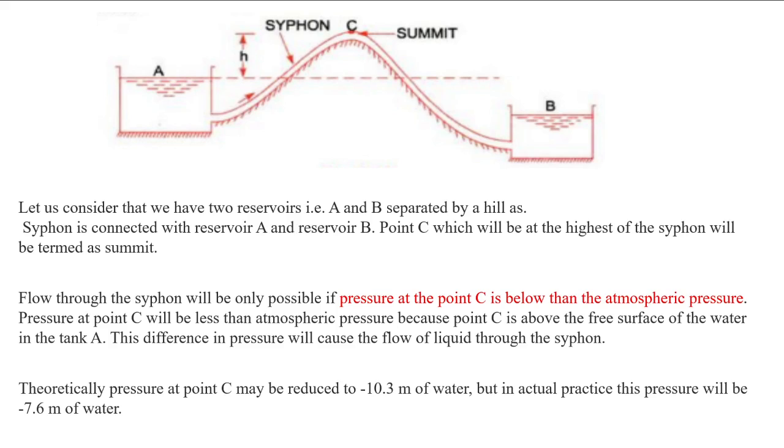Okay, so this reservoir is at a higher elevation than this reservoir. To carry the water from this reservoir to this reservoir, a bent pipe is used, which is called a siphon, and these two reservoirs are separated by a hill.